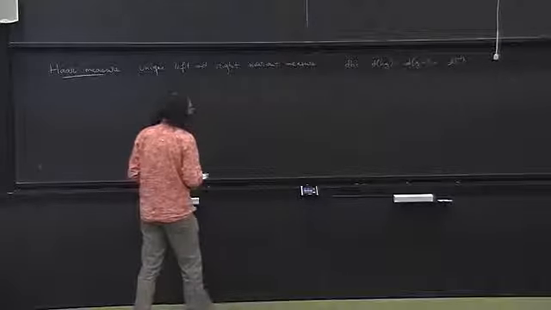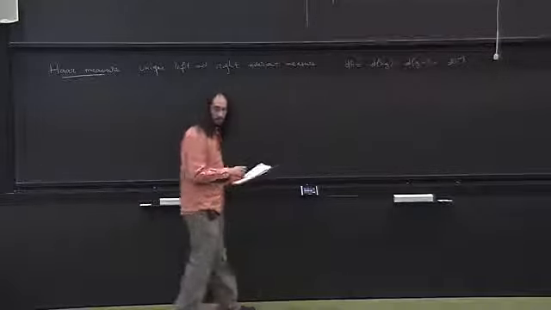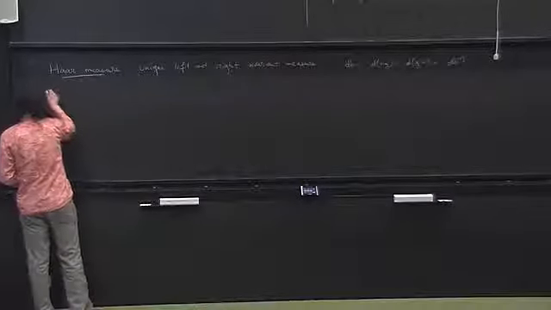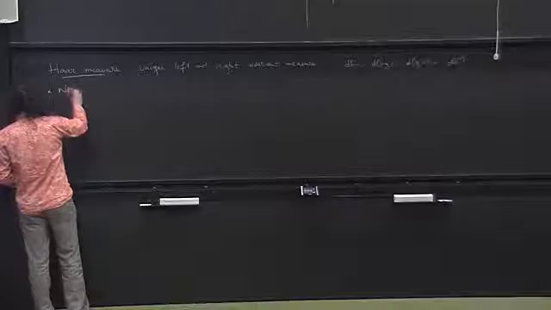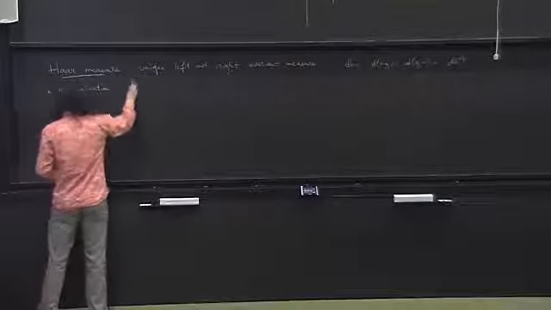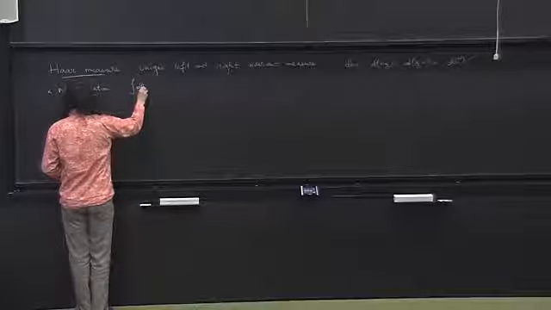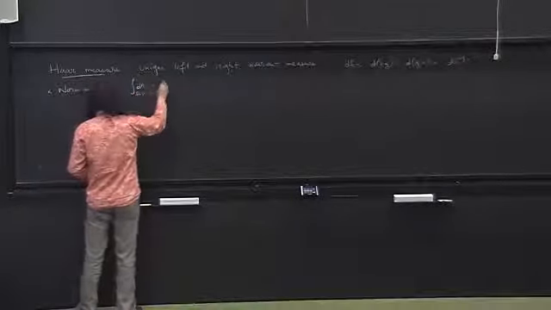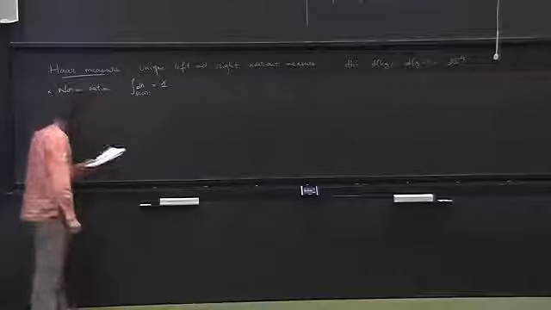So we can normalize it because the group is compact. Normalization: the integral of dH over SU2 is 1.